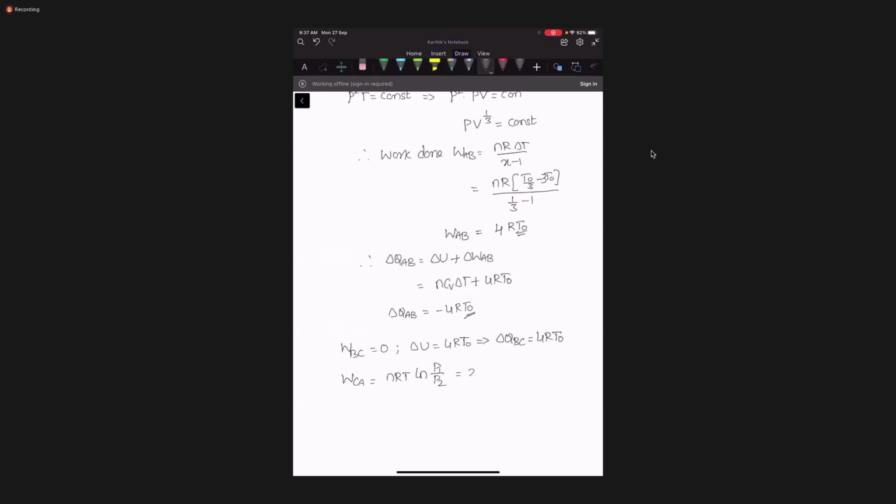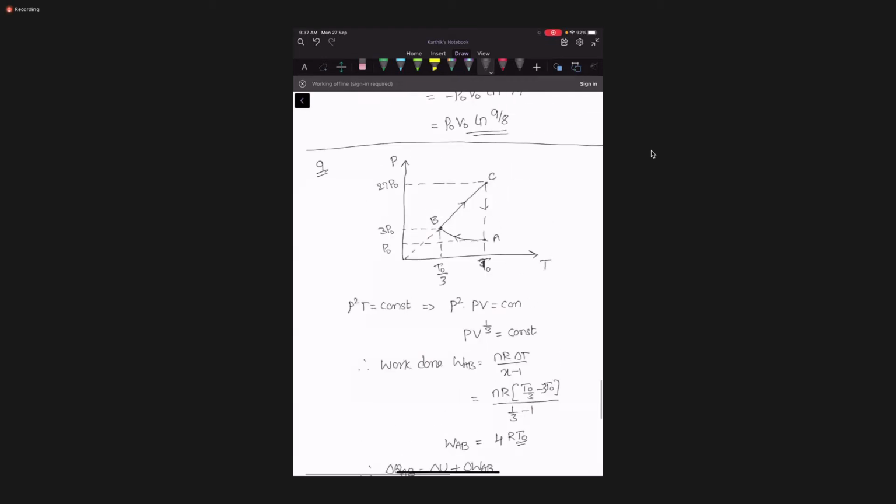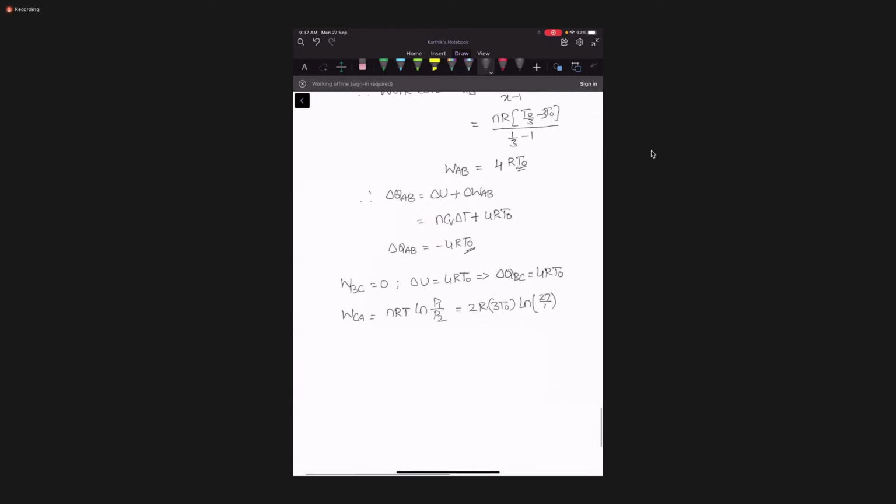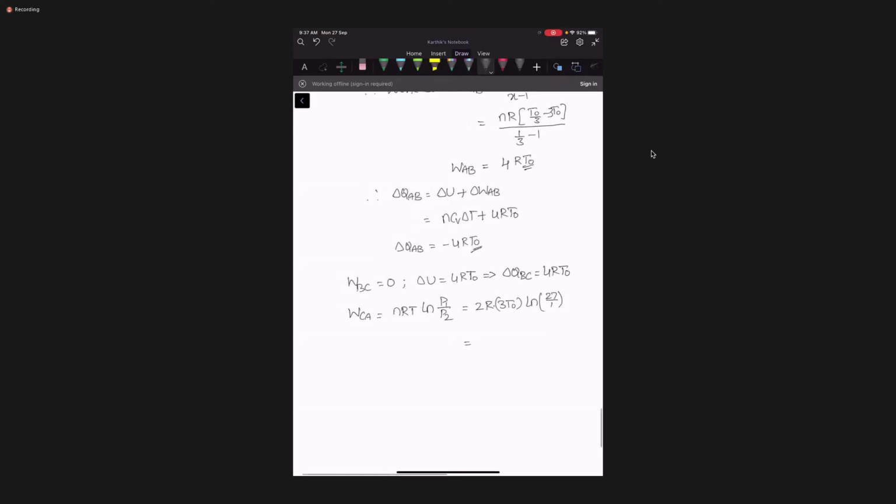So 2 into R into 3T naught log 27 by 1. This is 3 cube comes out, 3 is 9, 9 2 is 18. 18 R T naught log 3, correct?